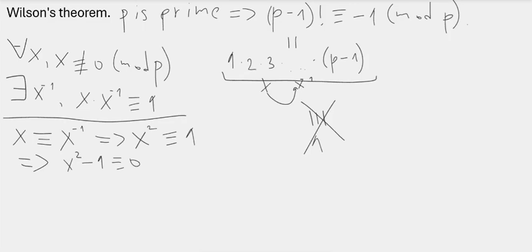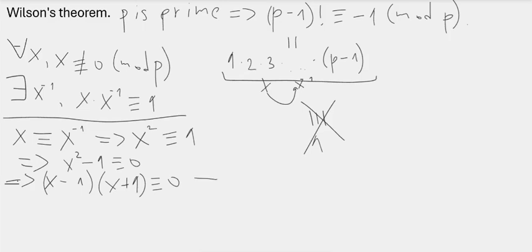Now we can rewrite the left hand side again. x minus 1 multiplied by x plus 1 is congruent to 0. Now we can apply Euclid's lemma. This lemma states that if a product of two numbers is divisible by a prime number p, then one of these numbers must be divisible by p.